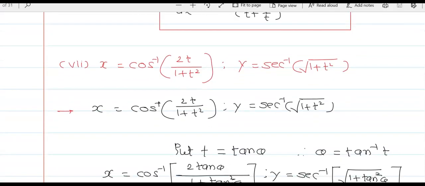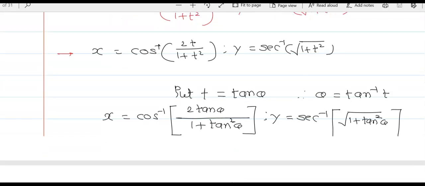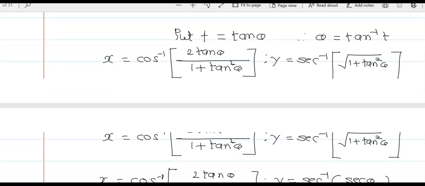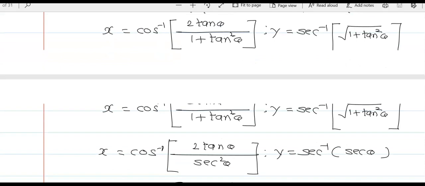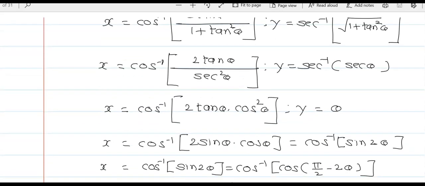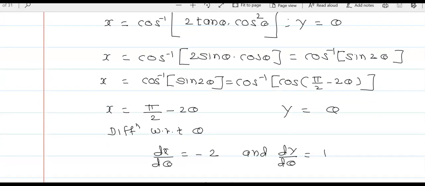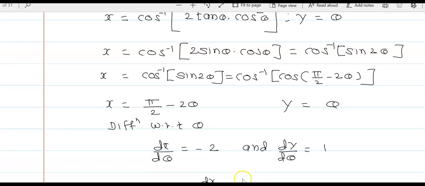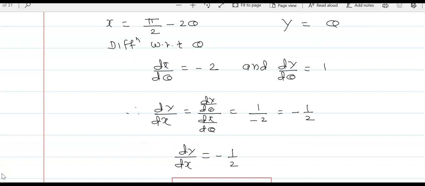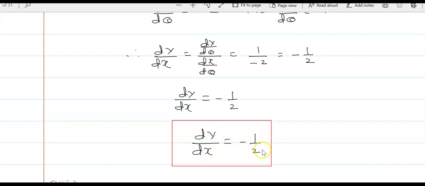I am scrolling this only. Therefore, dy by dx is equal to minus 1 upon 2.